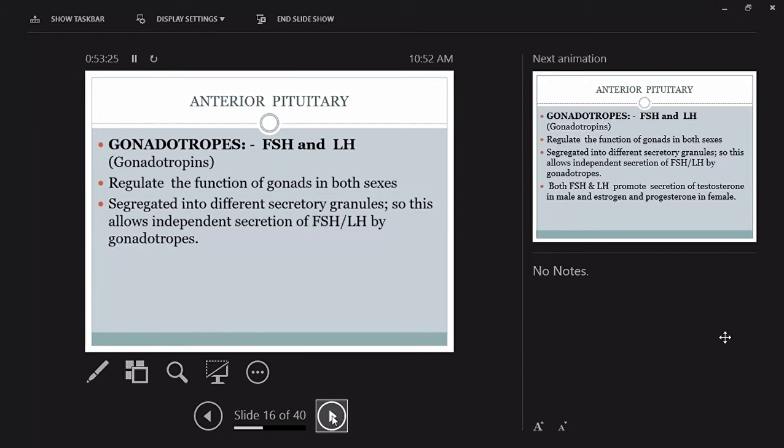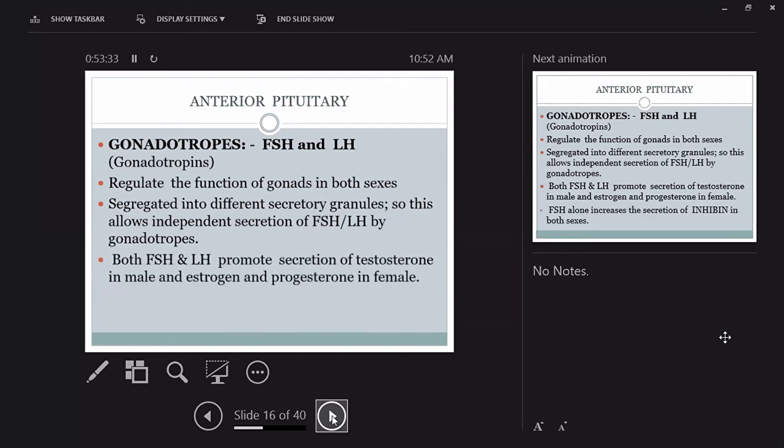So this allows independent secretion of FSH and LH by the gonadotropes. Both the follicle stimulating and luteinizing hormone promote secretion of testosterone in the male and estrogen and progesterone in the female.